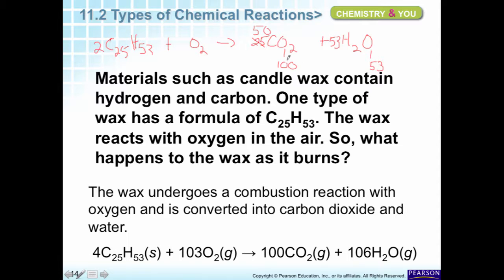So the 100 right now is fine, but the problem is this number here has to end up being positive. So I know if we just go through and double everything, so if we change this to 106, change this to 100, change this to 4, what does that do to my oxygens now?